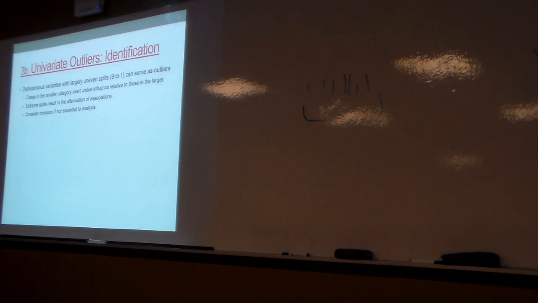What ends up happening is those cases on the smaller end of the low number category start to place undue influence on our overall model results. They're exercising much more impact, so the average person in the small group is having a much bigger impact on our total model than the average person in the big group, and that can start to become problematic.